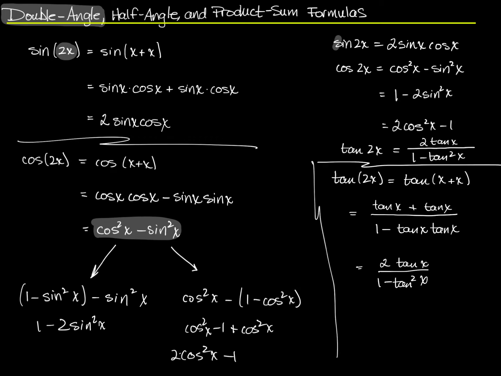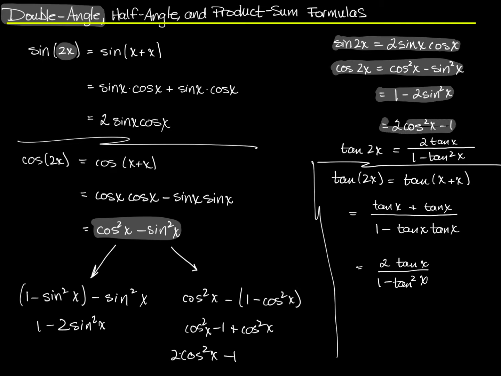I can always derive these from the sum of angles formulas, but they're pretty common. They come up fairly frequently, so it's worth at least knowing them well enough to recognize them. All right, so I'll leave those there for now, and I'll erase the rest of the screen, and then we'll do some examples.